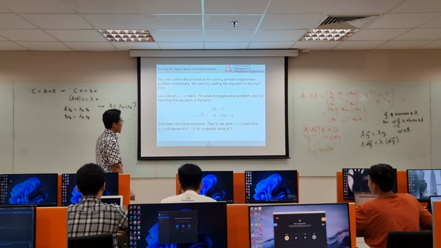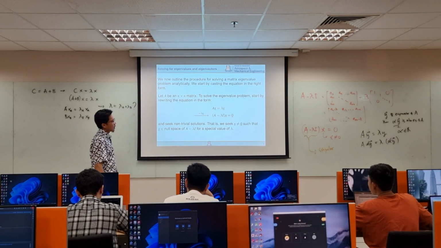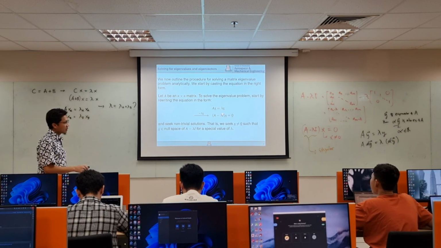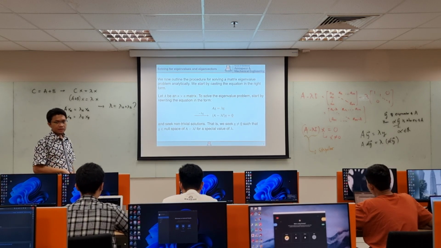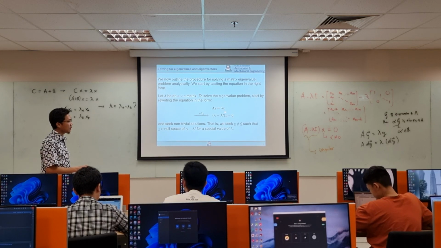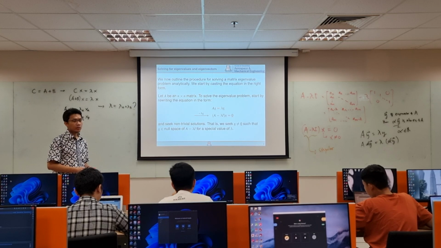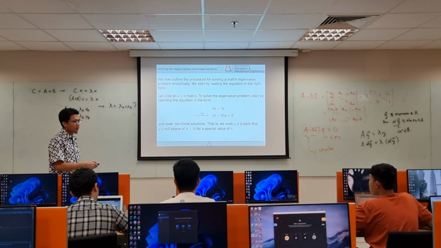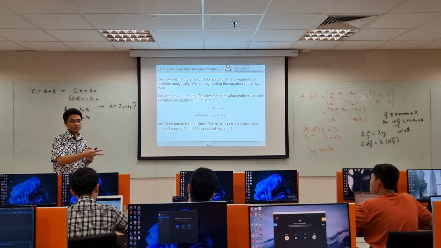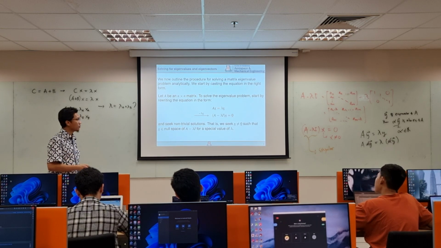We want to find a non-zero x so that this happens. So A minus lambda I has determinant 0, correct? Then we will exploit that fact. We compute the determinant, which has lambda in it, then compute lambda from the polynomial. We take the roots of the polynomial.